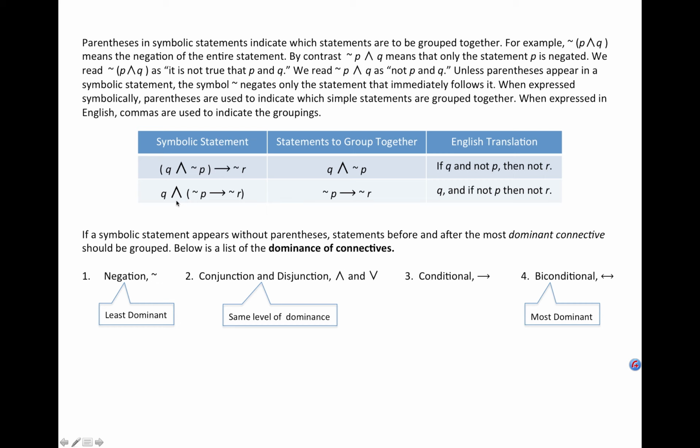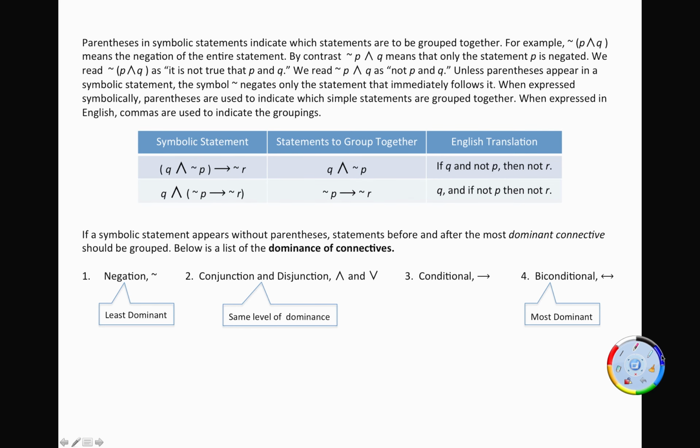If a symbolic statement appears without parentheses, statements before and after the most dominant connective should be grouped. Below is a list of the dominance of connectives. So your negation is your least dominant. Your conjunction and disjunction have the same level of dominance. So I must have parentheses when working with those.